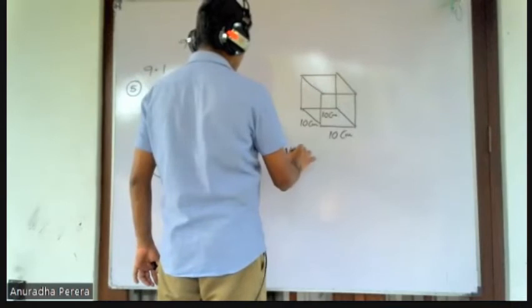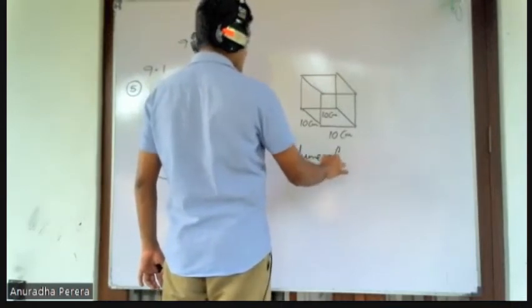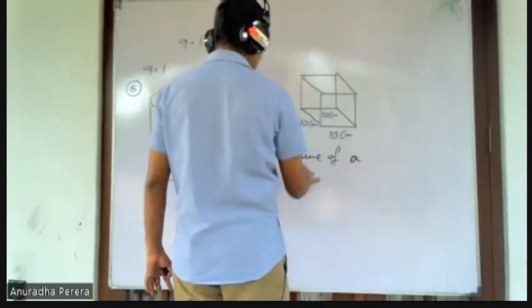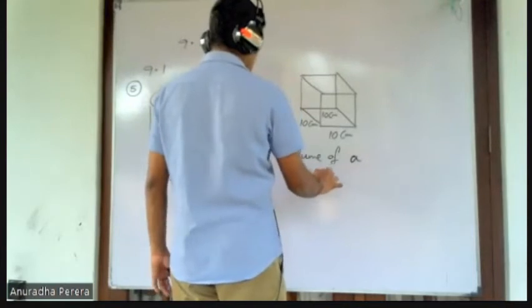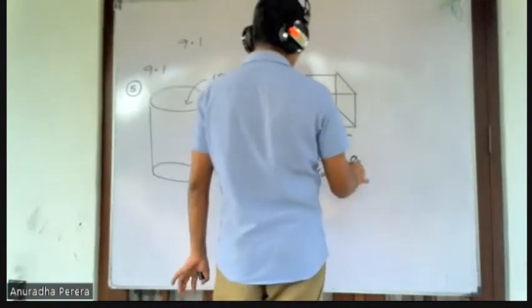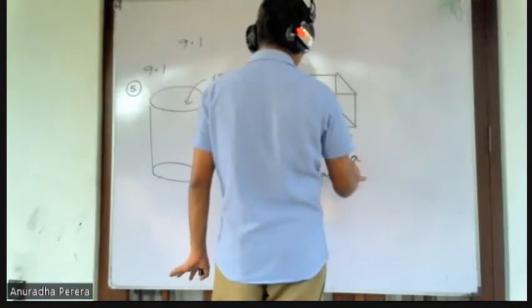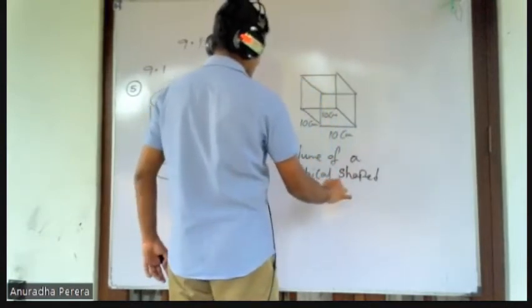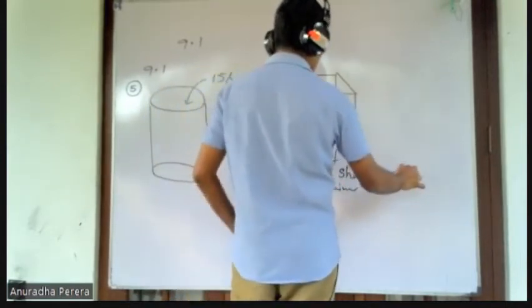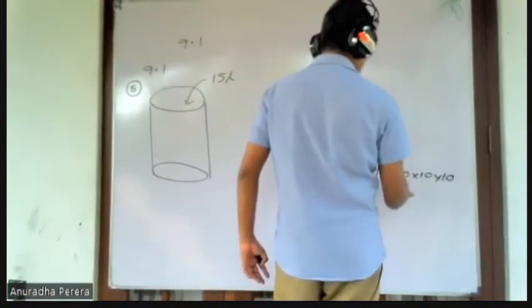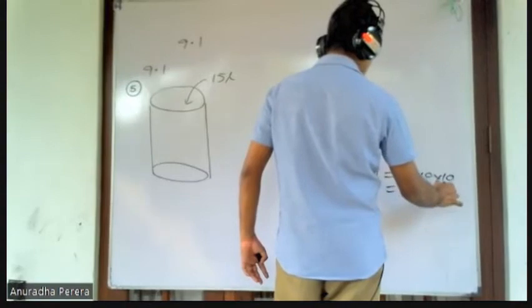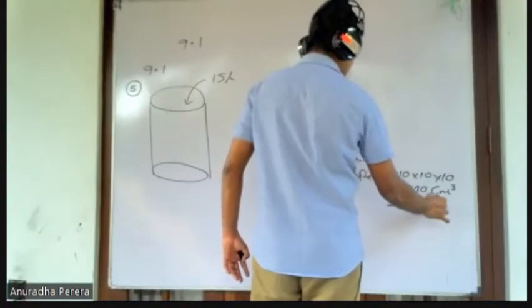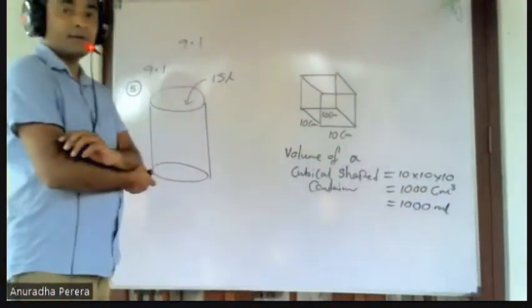Volume of a cuboid, a cubical shaped container: 10 times 10 times 10, 1,000 cubic centimeters. In milliliters, 1,000 milliliters. You know, 1 cubic centimeter is equal to 1 milliliter.